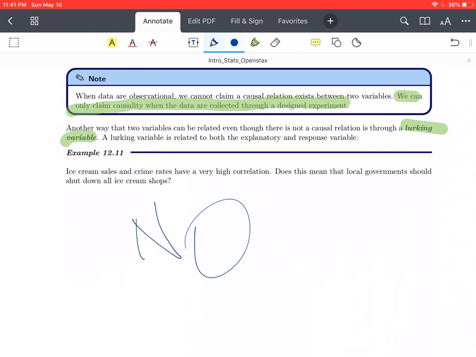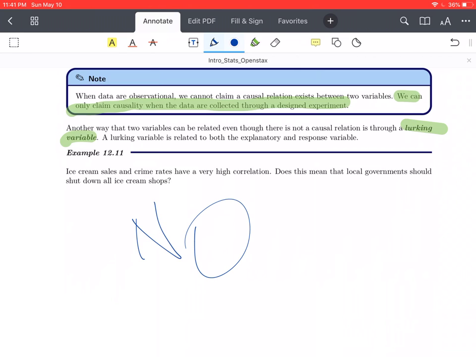Just because those two are correlated for some odd reason, clearly we can use our common sense on this one and say no, those have nothing to do with each other. But this is the type of argument that people make: they say these two are highly correlated, so we better change something about one in order to prevent the other, or help the other. But unless you have a designed experiment, just because there's a strong correlation does not mean that one caused the other.